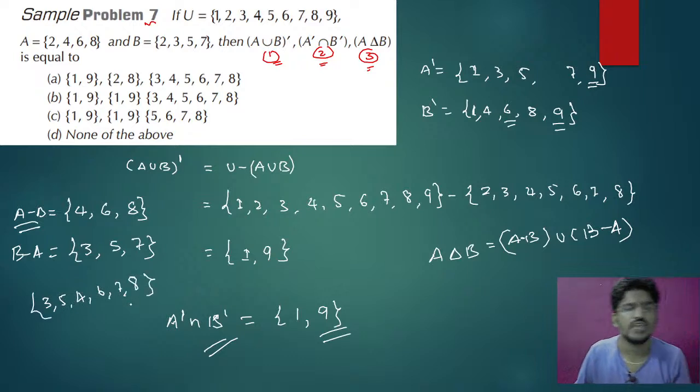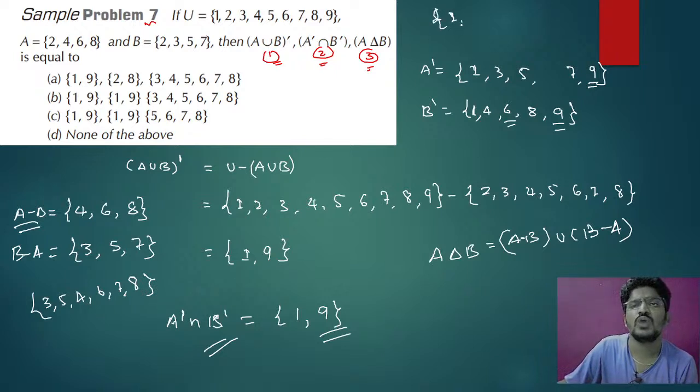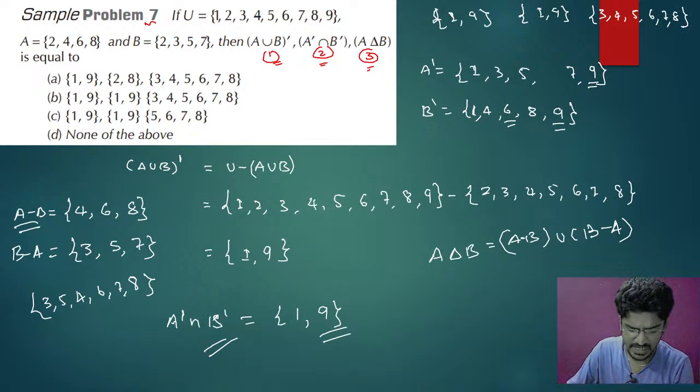Okay. So therefore our answer is a set of 1, 9, and another set of 3, 4, 5, 6, 7, 8.